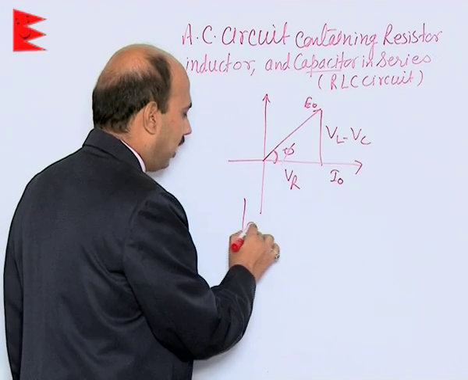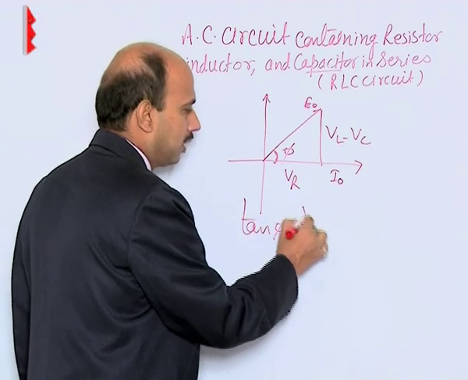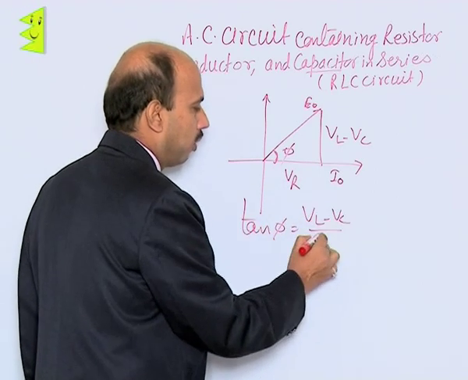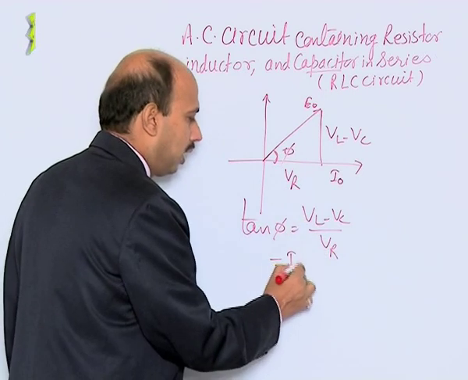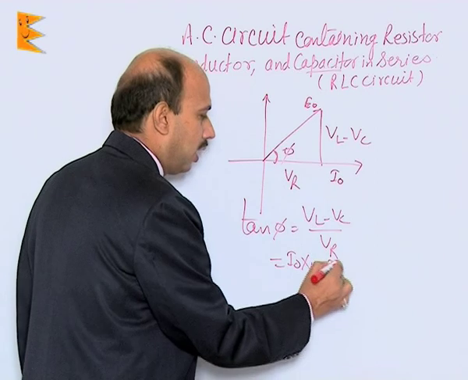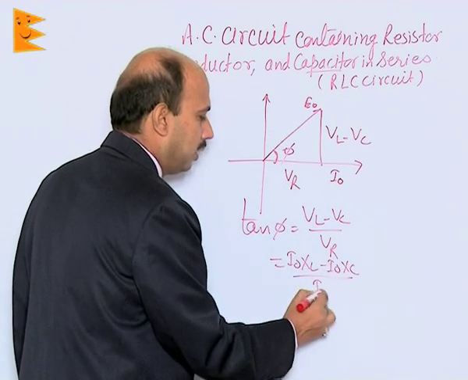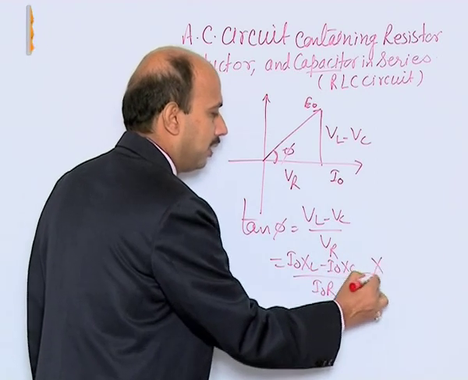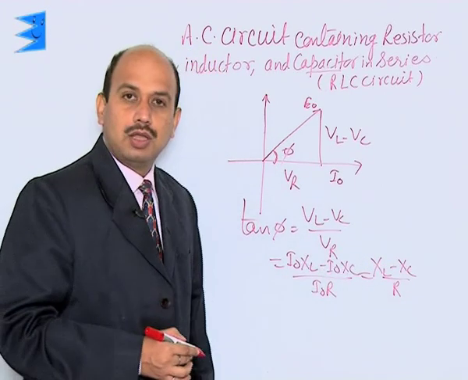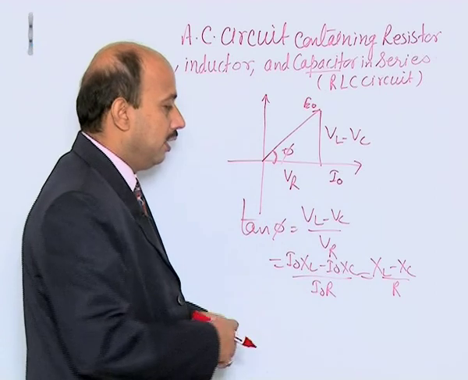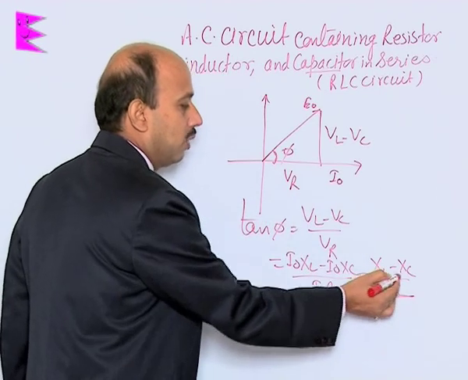So, tan phi can be written as VL minus VC upon VR, and it can also be written as I naught XL minus I naught XC upon I naught R, that is XL minus XC upon R.